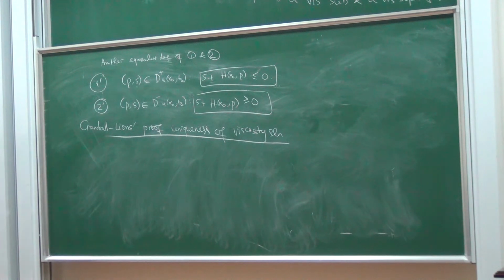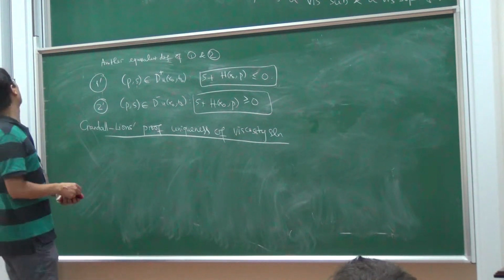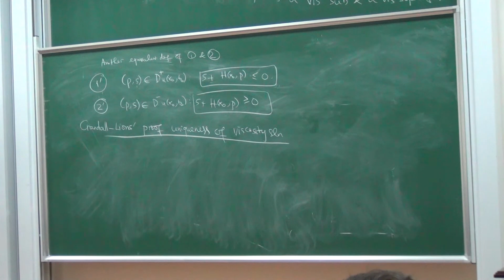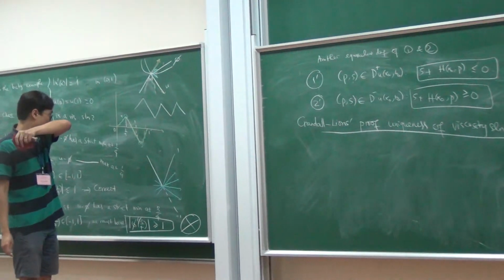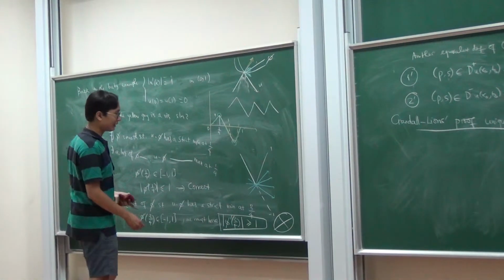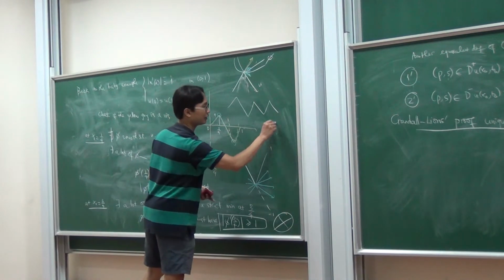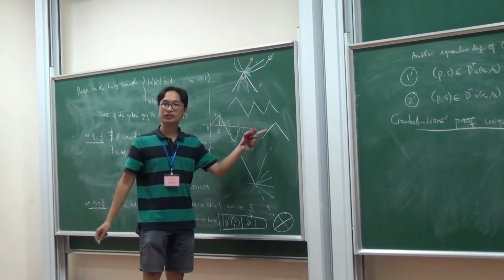Well, what is the thing here? There are many solutions like this. It's differentiable almost everywhere, but it can be not differentiable at some points. Even the viscosity solution we tested was basically like this, so it's not differentiable at one point.